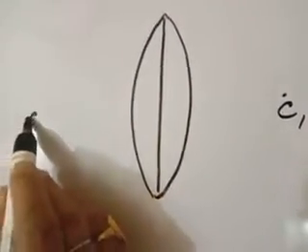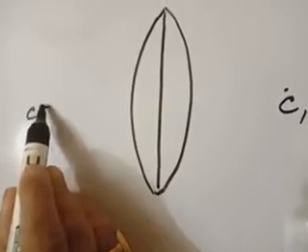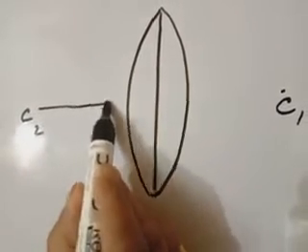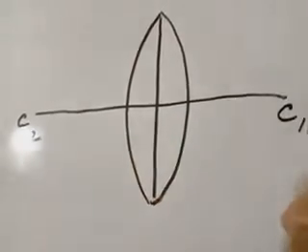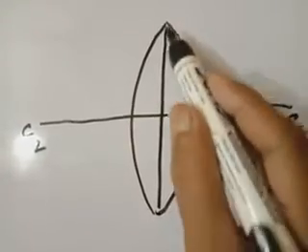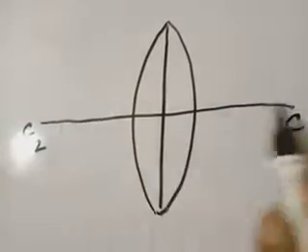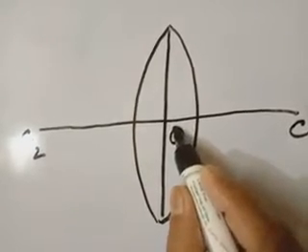Suppose this center is C2. The imaginary line which joins both the centers of the spherical surfaces is known as the principal axis of the lens, and this is the point where the aperture and the lens meet. This point is said to be the optic center.